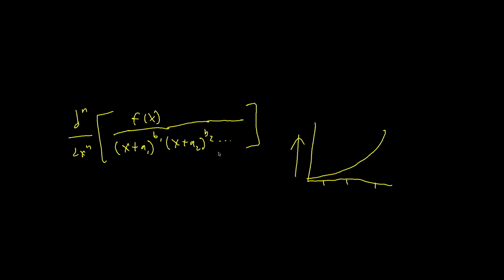So we need a way to take the nth derivative of this in a reasonable time span. Otherwise, your computer algebra system is going to spend all its time taking the derivative of this, which is terrible.